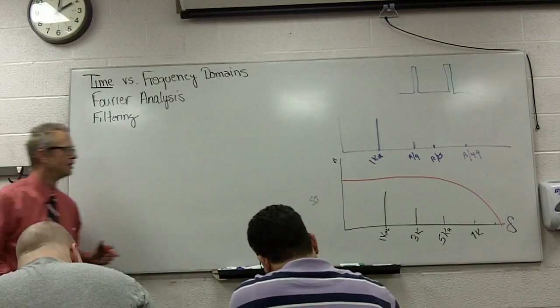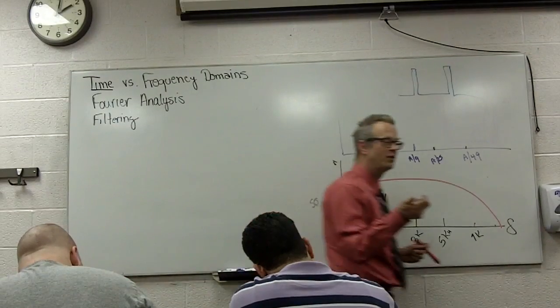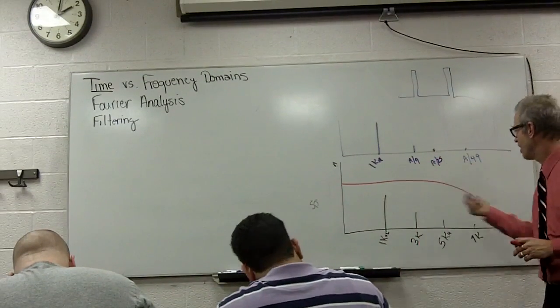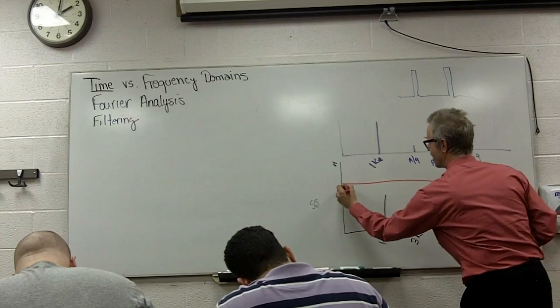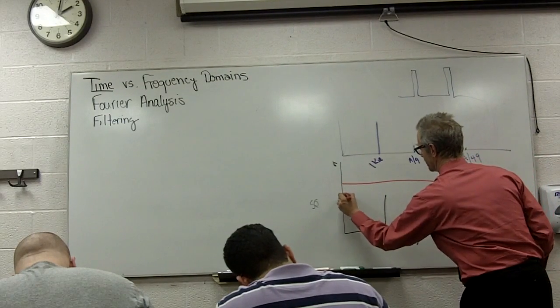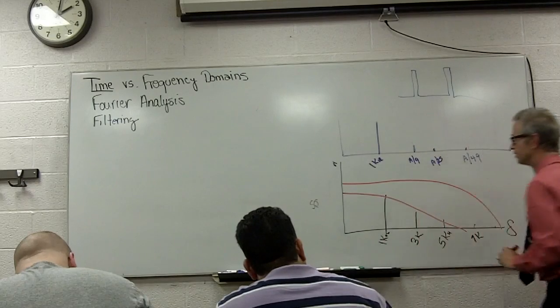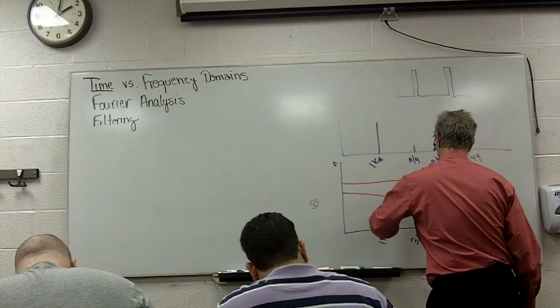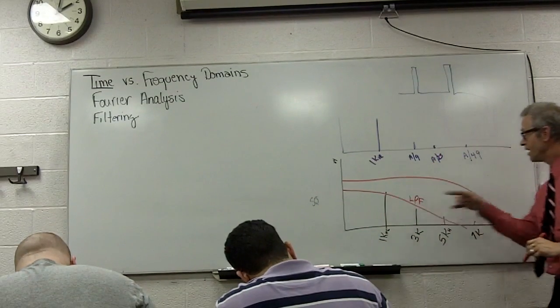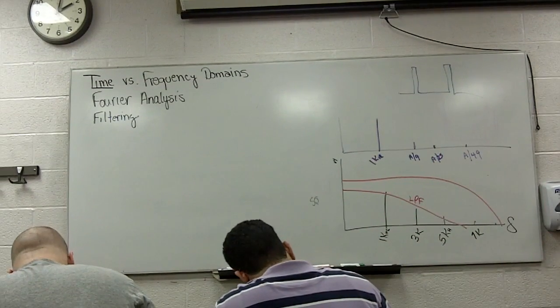But what happens if I decide to change the cutoff frequency of my filter and make my filter, instead of going out that far, maybe I set up a filter that goes like this. It's going to start to cut off part of that square wave.